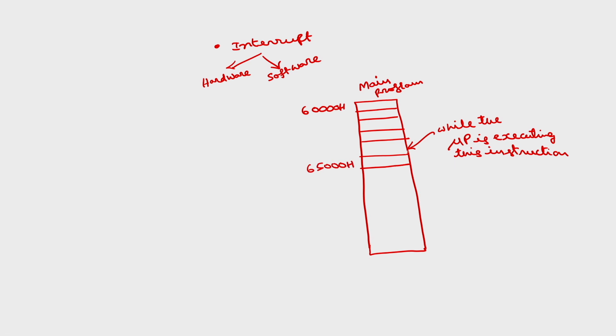While the microprocessor is executing this instruction, what will be the contents of the instruction pointer? As I have discussed in the earlier class, the instruction pointer always holds the offset from the starting of the segment. So, the offset here is 5000. This 5000 will be held by the instruction pointer.